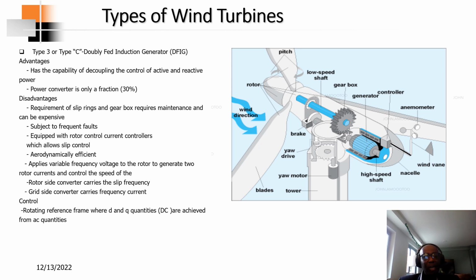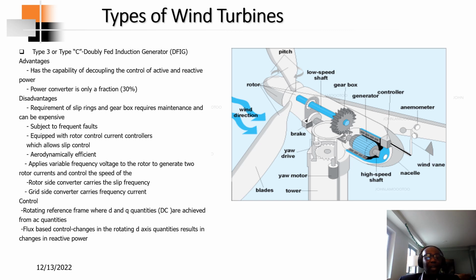Okay, now with regards to the control, we have a rotating reference scheme that is basically a synchronous scheme that is projected and converted into DQ quantities, that is DC quantities from AC quantities. Then that is basically what the control scheme is: direct axis and quadrature axis.